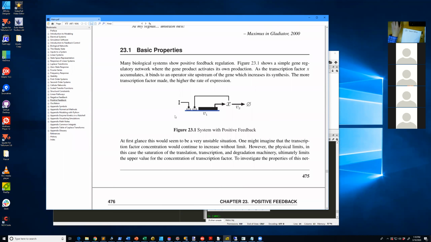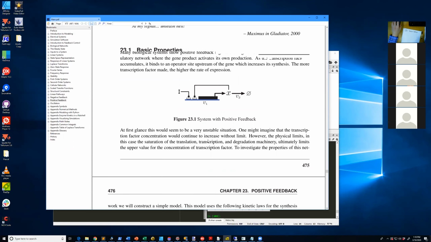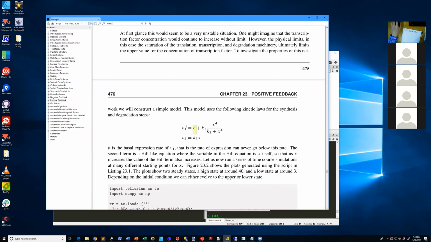These situations are unstable. You can imagine, as we produce more X, we produce more X and so on. But as I mentioned before, it doesn't always work out that way, as we'll see. So what are the rate laws? These are the rate laws I just mentioned, but they weren't on the screen for you to see.